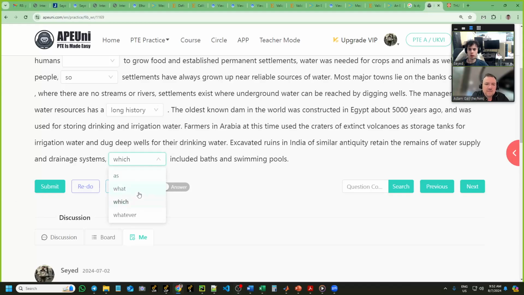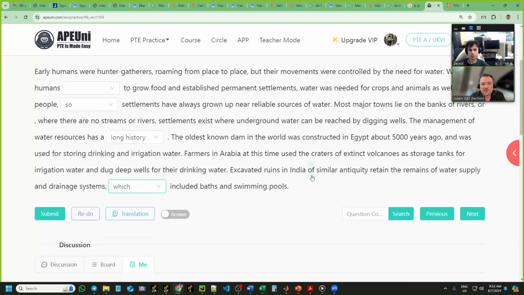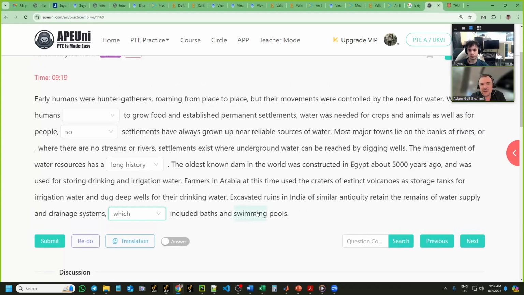So which is correct? Well, "so that" is also correct. That is not traditionally correct, but is correct in usage. The two have converged. So in this case, that would be fine. But "which included baths and swimming pools" is the better choice.